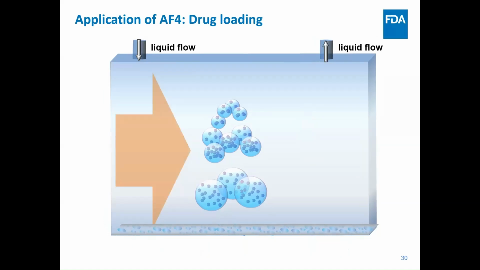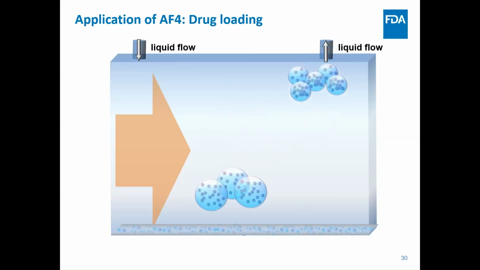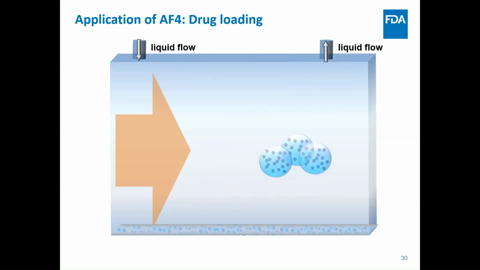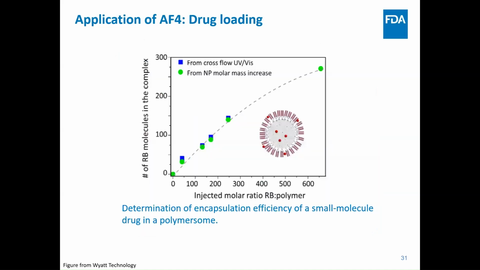Next we switch the liquid flow and flush everything out of the channel and pass it to the detector. By monitoring both the liquid outlet port and the crossflow port, we can know how much passed through the membrane and how much stays with the carrier.